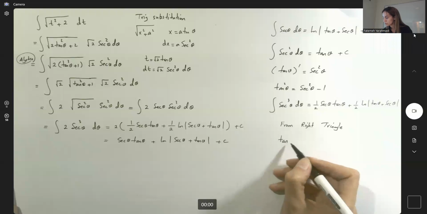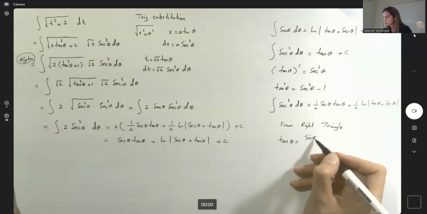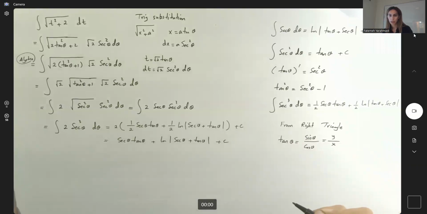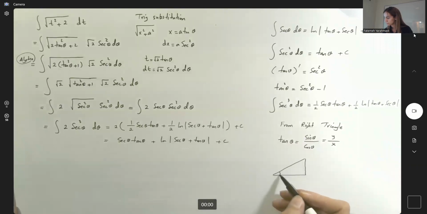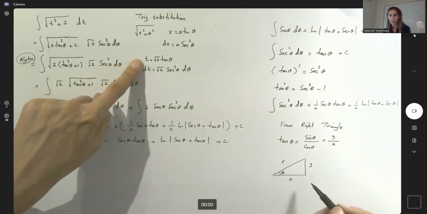But when you're defining tangent of theta, this is sine theta divided by cosine theta, or y divided by x. So remember that if you have your angle theta, you have your x, and you have your y, and this is r. So this is basically the definition of tangent.